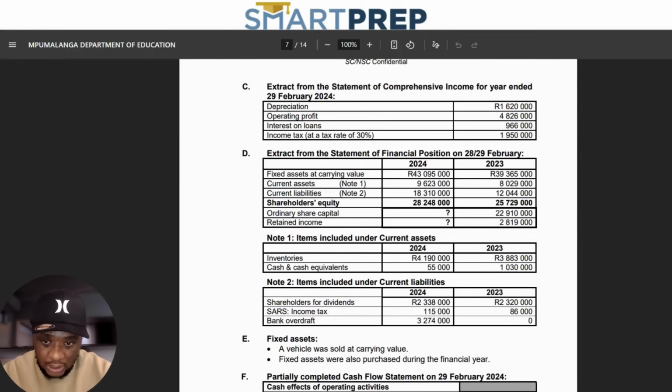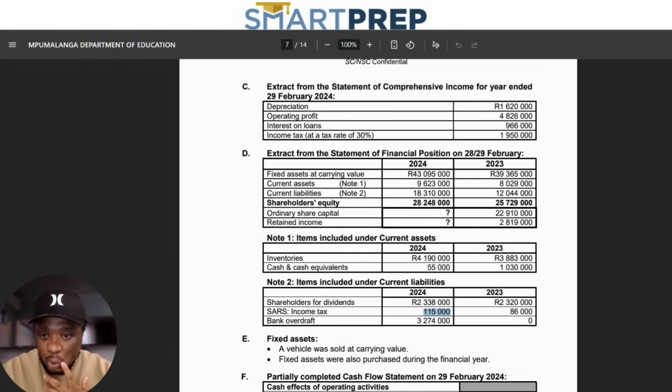Under our current liabilities, we have SARS income tax, 86,000 at the beginning and 115,000 at the end. In this case, they weren't very specific in terms of whether it's credit or debit, but the default you go with is that it would be a credit.